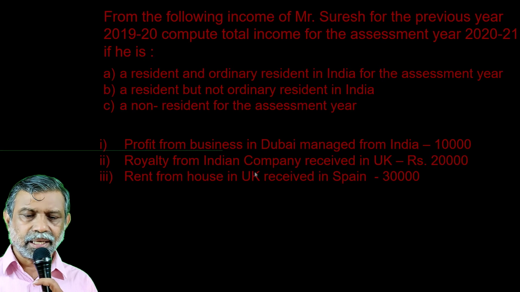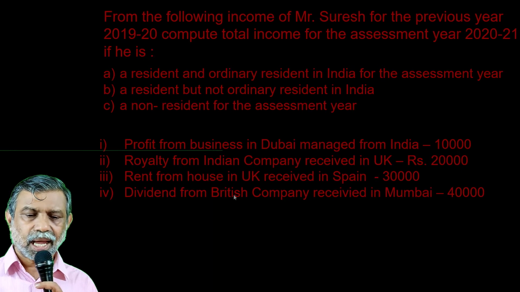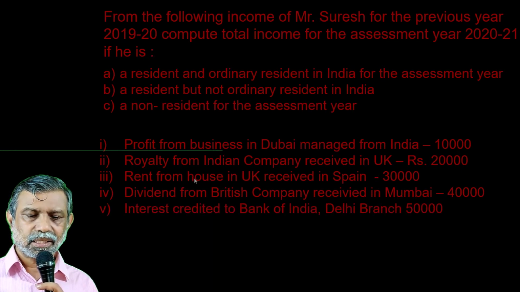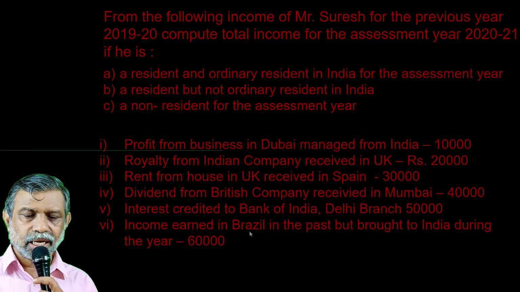Royalty from Indian company received in UK, 20,000. Rent from house in UK received in Spain, 30,000. Dividend from British company received in Mumbai, 40,000. Interest credited to Bank of India, Delhi branch, 50,000.